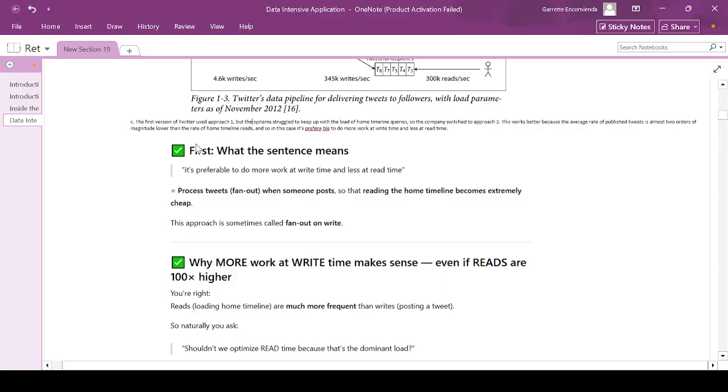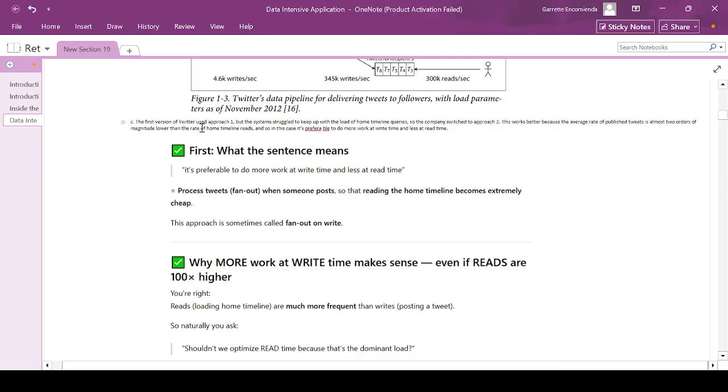Also, we would have some users with a delayed response, because if you have 300,000 reads and you implement the previous version of Twitter's architecture, some users will take forever to load, to look up the tweet, because of the nature of the hardware and the tail latency event, which we will discuss later.